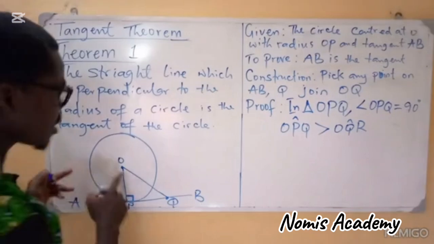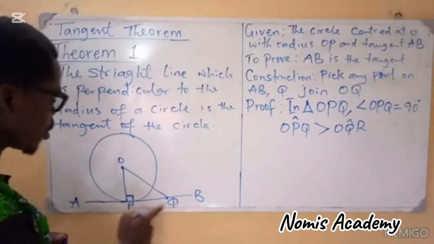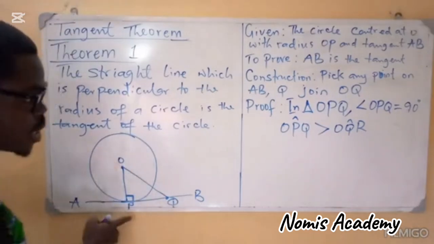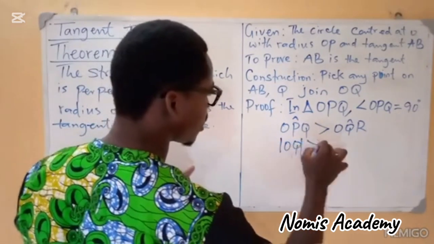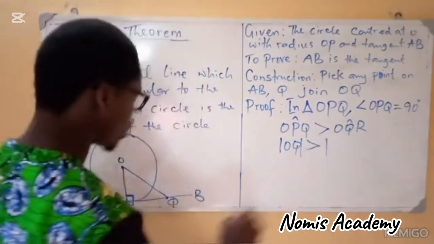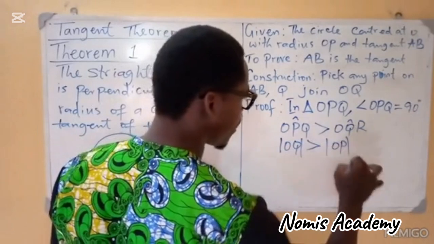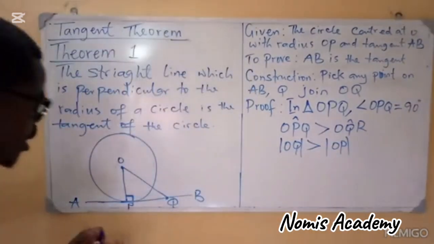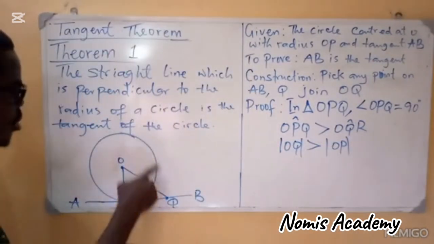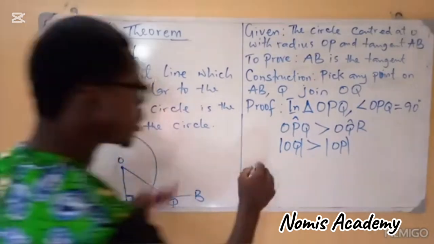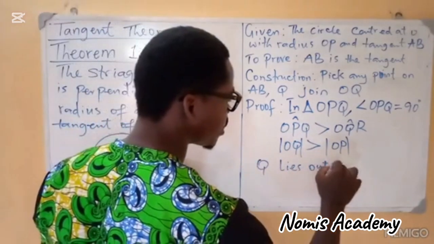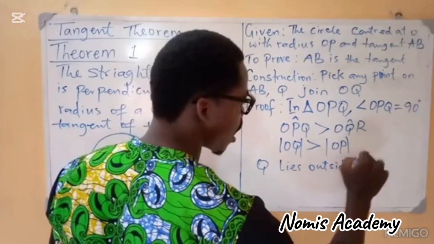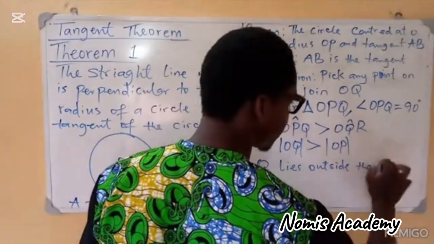And also the side OQ is greater than the side OP. Now you can see that Q lies outside the cycle, right? Q lies outside the cycle.